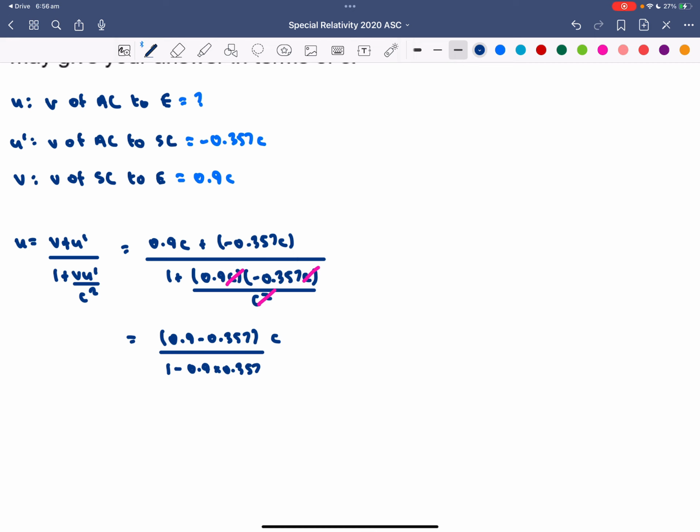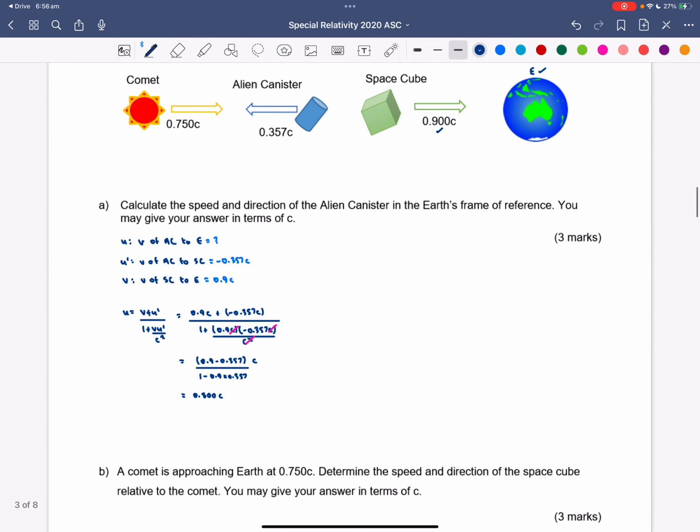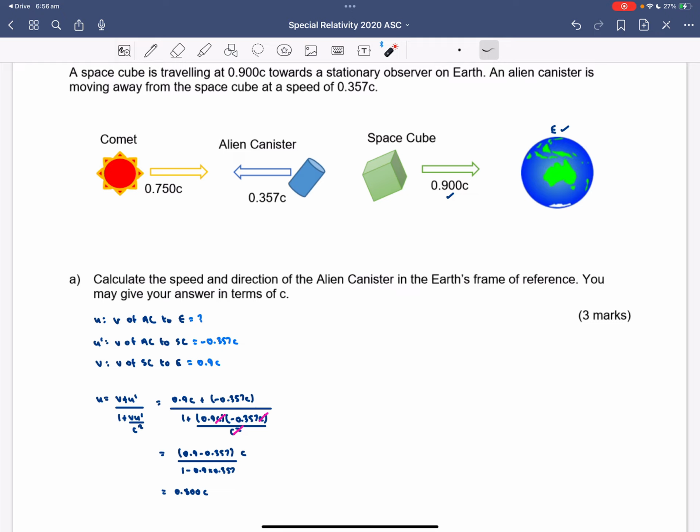And that gives me a velocity of positive 0.800 C. So the fact that it's positive means it's to the right, or towards the Earth, whatever you want to say. I know it appears to go left, but we got a positive number.